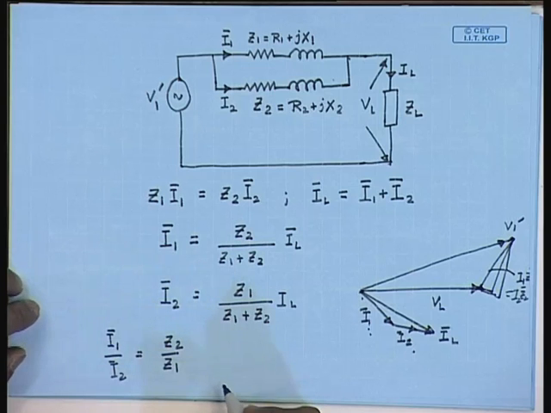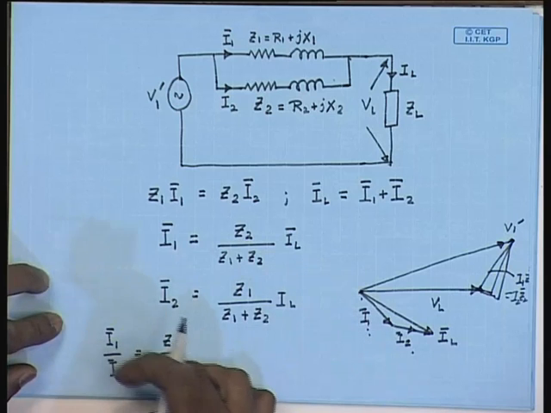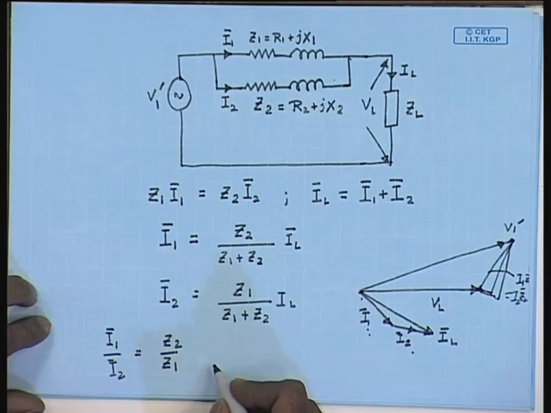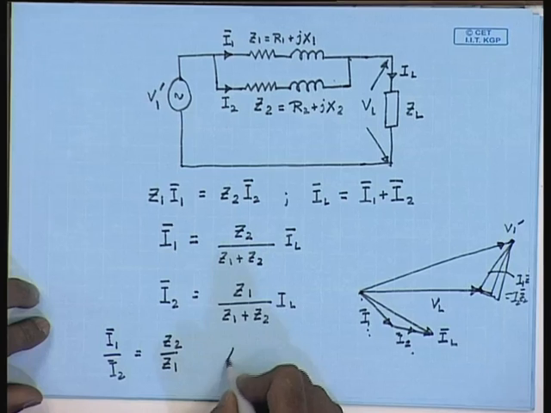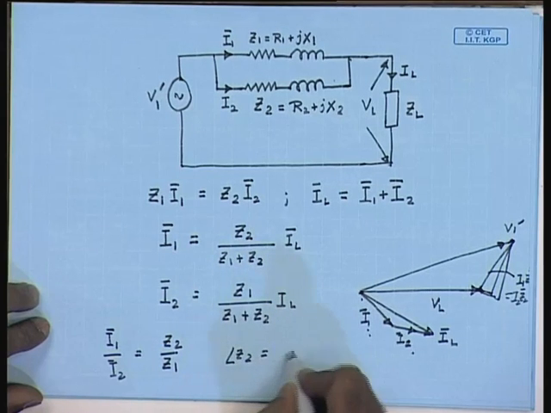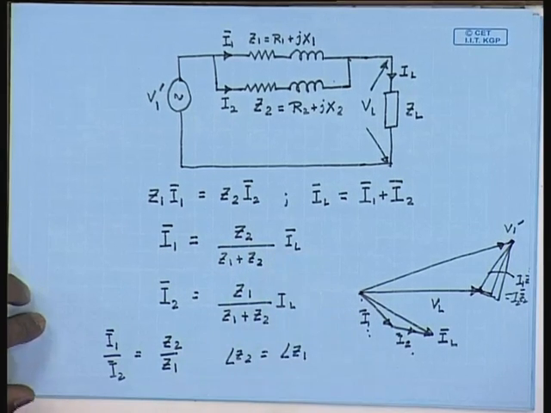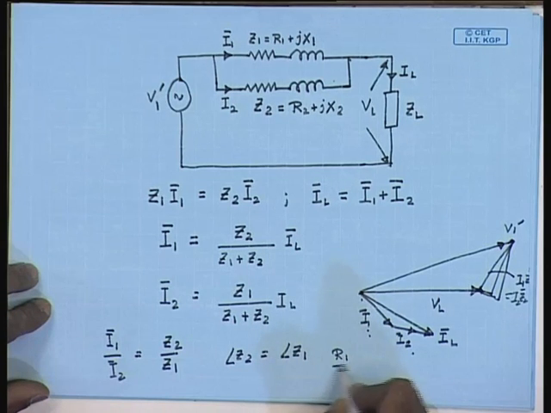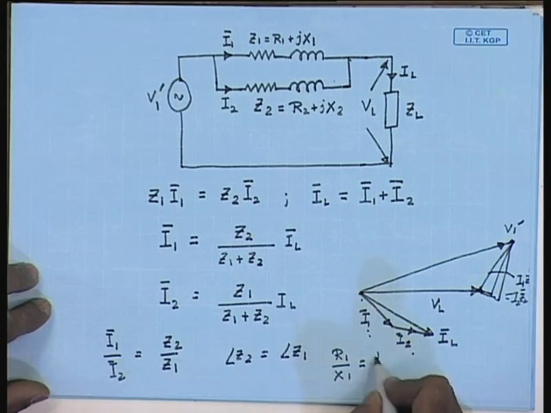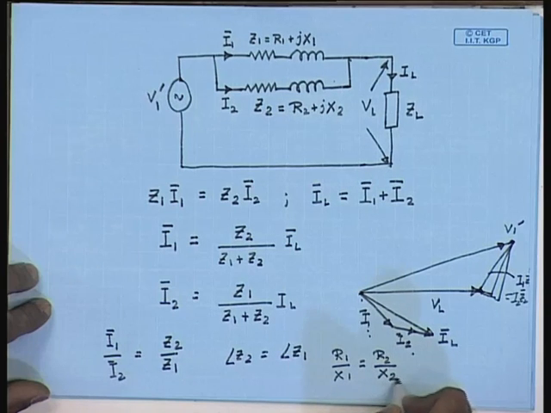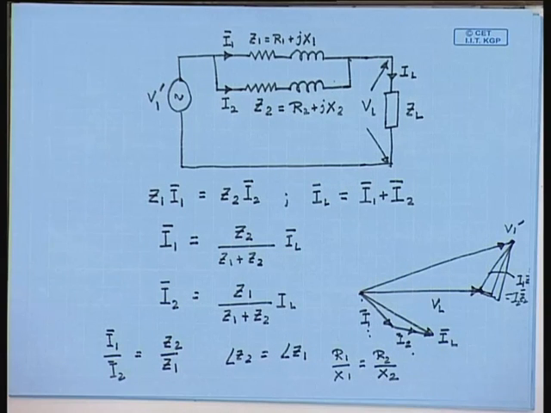If I1 and I2 have to be in phase, then the ratio of I1 by I2 will be a scalar, and that will happen only if angle of Z2 is equal to angle of Z1. That is, the ratio R1 by X1 is equal to R2 by X2. So, this is a desirable condition, although not essential. This will ensure that for a given transformer current rating, the maximum load current can be supplied.